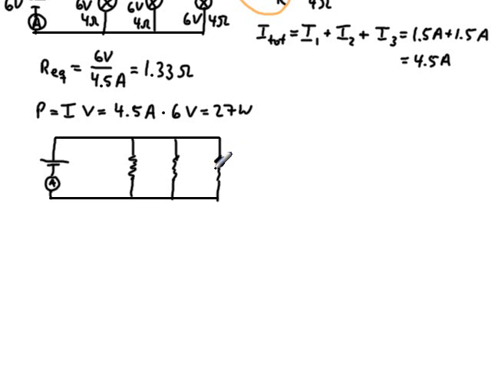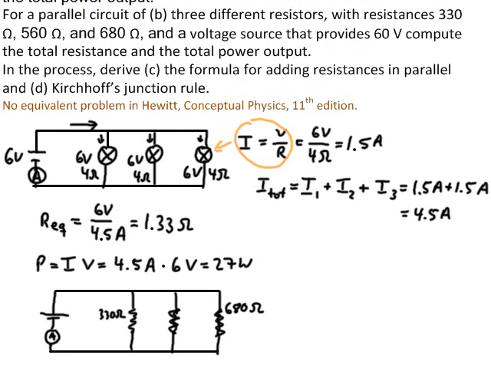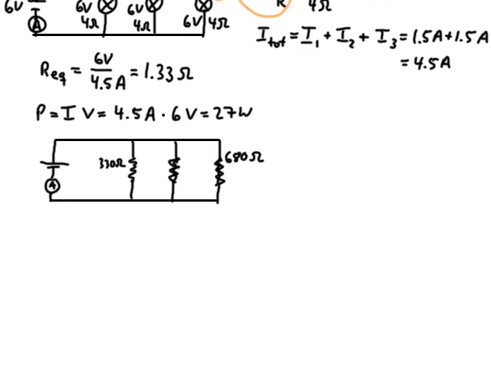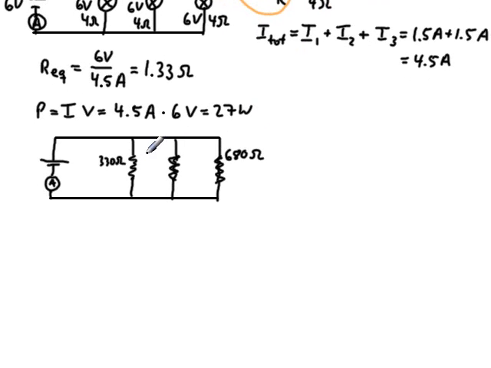And I guess drawing them vertically, I'm not that good at it. There we go. Alright, so this one is 330 ohms. I remember the last one, 680 ohms. And the one in the middle was 560 ohms. And this one over here is 60 volts.